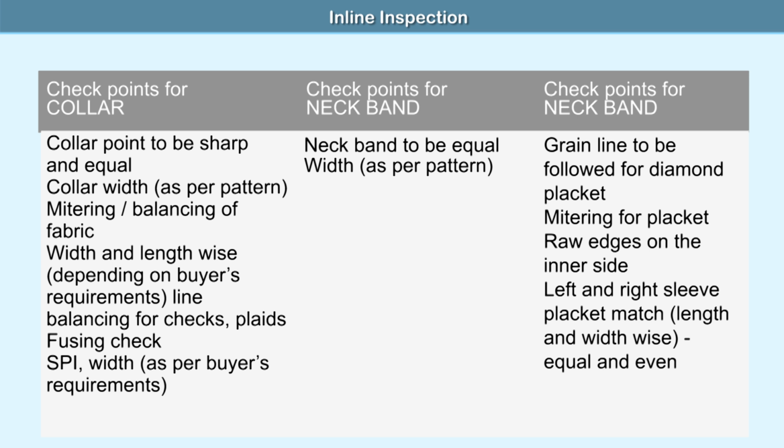Mitring for placket. Raw edges on the inner side. Left and right sleeve placket match. Length and width wise equal and even.